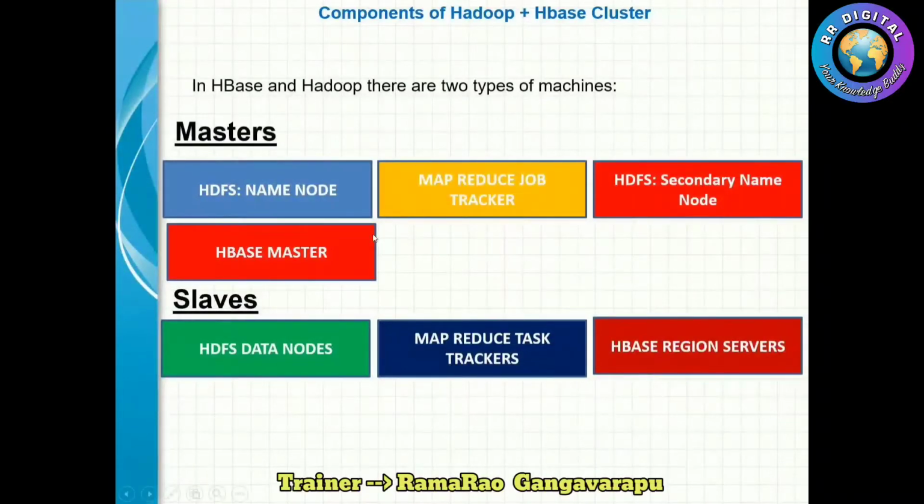So here, if you see the name node, MapReduce job tracker and secondary name node, these are all basically HDFS master nodes. Along with these three, from HBase they added one more master node, that is the HBase master node.